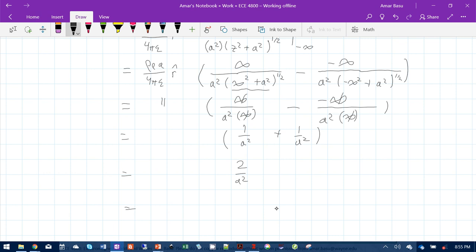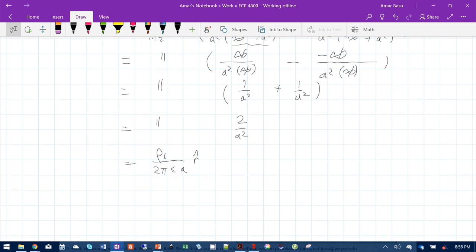I'll just put carrying it down here: rho L times a over a squared, so that a term goes away. 4 pi becomes 2 pi epsilon times a times r hat. Right? So the electric field, this is the final equation for the electric field. Rho L over 2 pi epsilon times a times r hat.